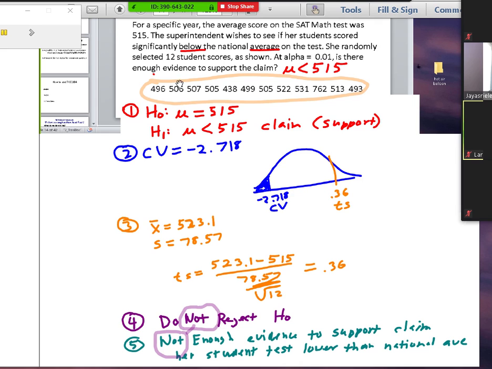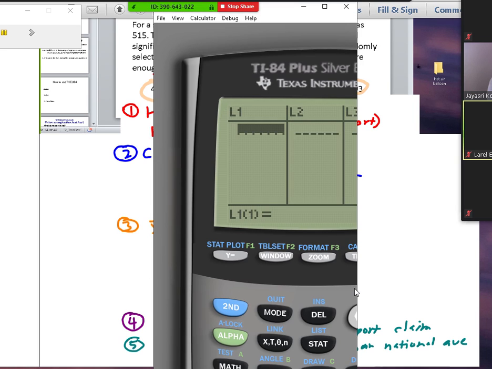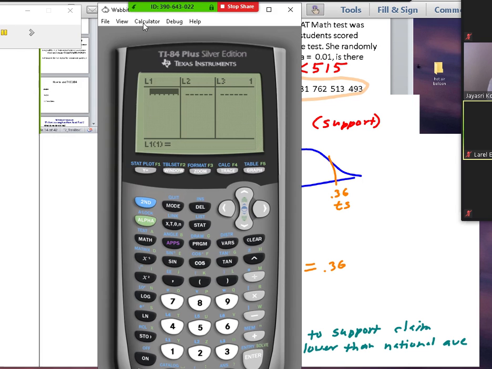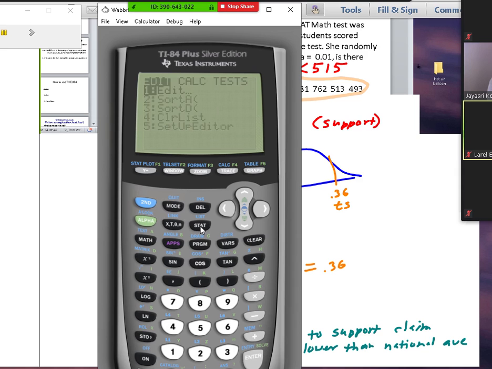So I put these into my calculator. I will try this. I don't know if it will work. Could be a bad idea. Okay. So here's my calculator. I'm going to go to Stat, Edit, and put my numbers in here.